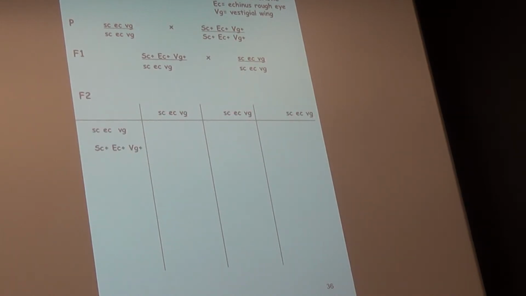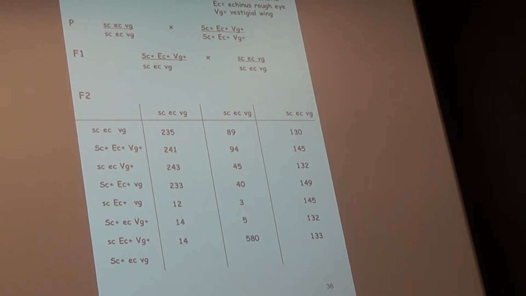What would the numbers look like if none of the three genes are linked? So let's pretend we do it across. Here are your eight classes total. Here are the numbers, just made up numbers, okay? So when you look at this pattern, which pattern indicates that all three genes are linked?